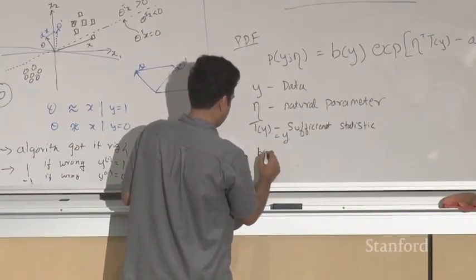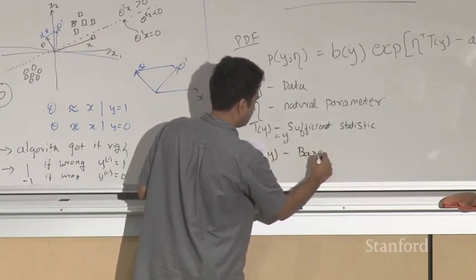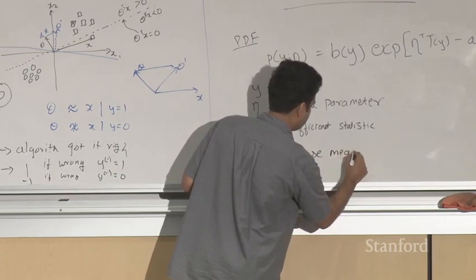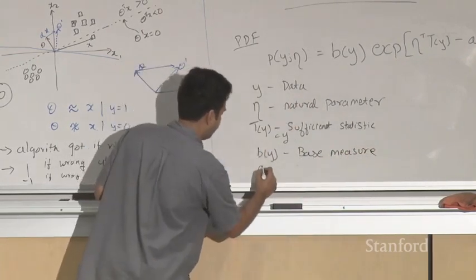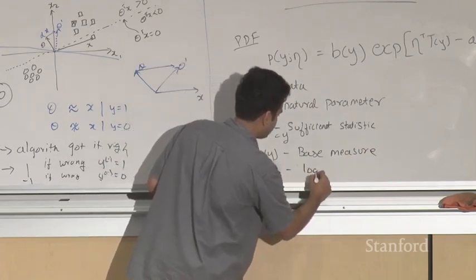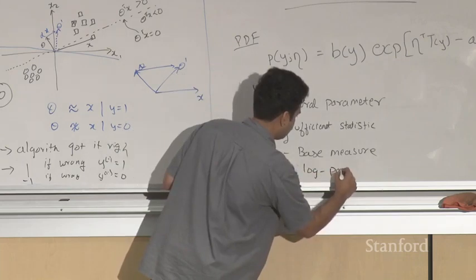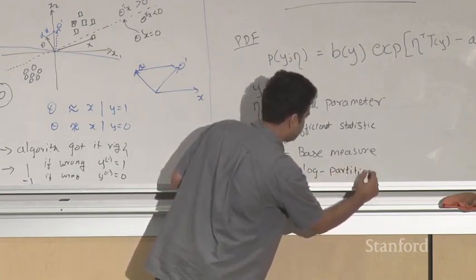B of Y is called a base measure. And finally, A of eta is called the log partition function. And we're going to be seeing a lot of this function, the log partition function.